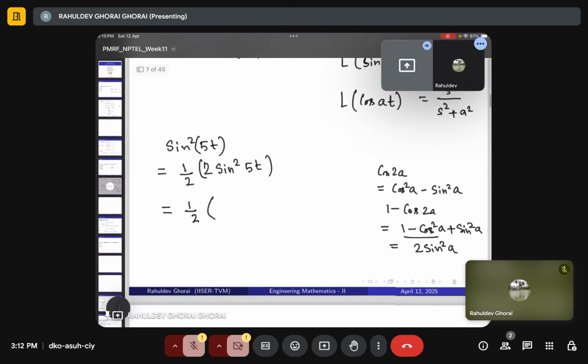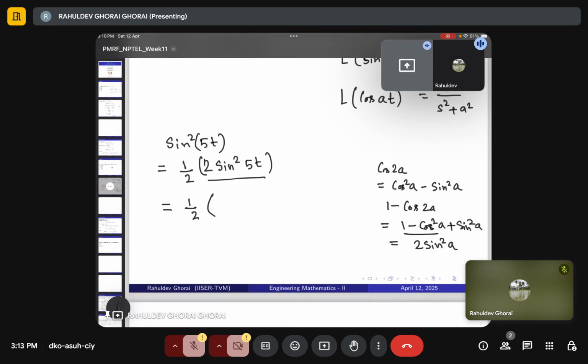So 2 times sine square 5t can be written as 1 minus cos of 10t.